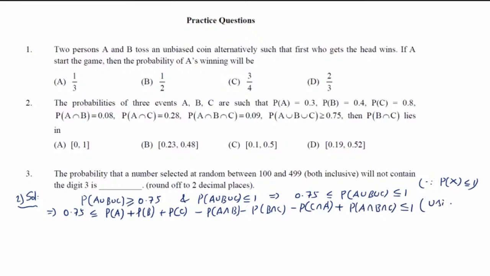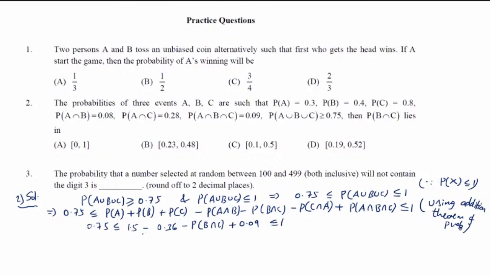Using the addition theorem of probability, this value 0.75 is less than or equal to P of A plus P of B plus P of C, that is 0.3 plus 0.4, 0.7, plus 0.8, 1.5, minus P of A intersection B and P of A intersection C, so minus 0.36. Okay. Next minus P of B intersection C plus P of A intersection B intersection C, 0.09, is less than or equal to 1.